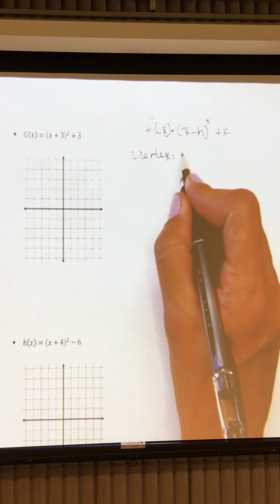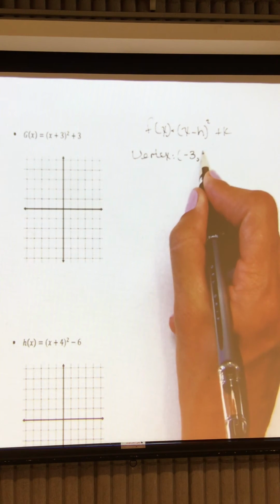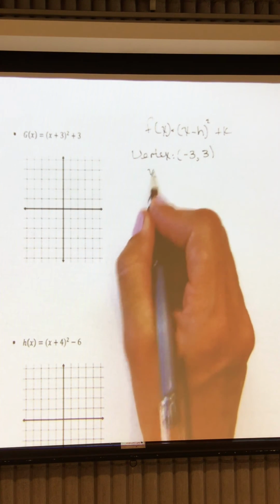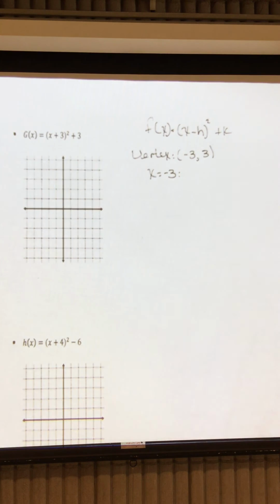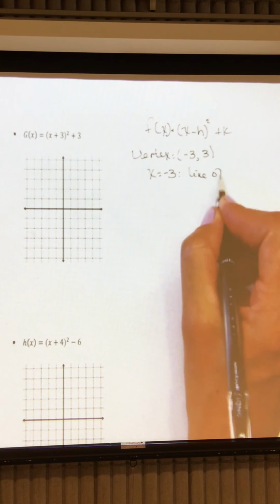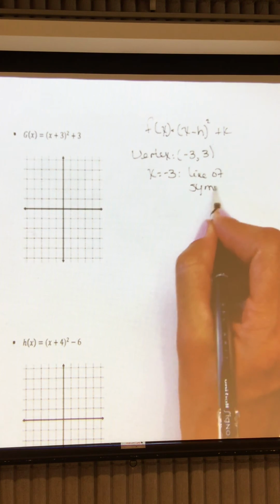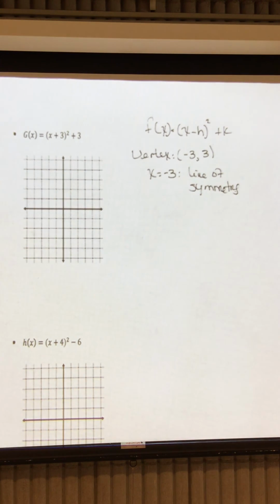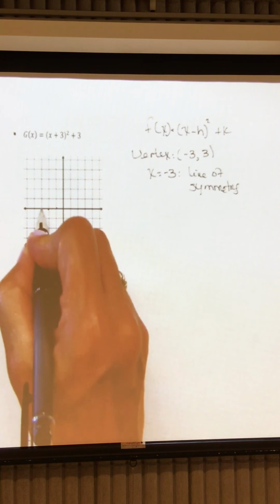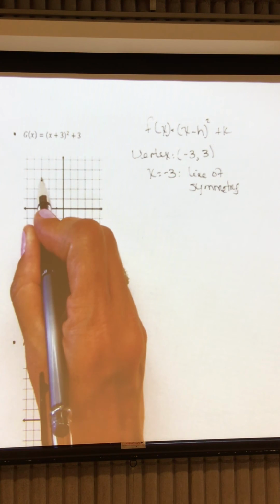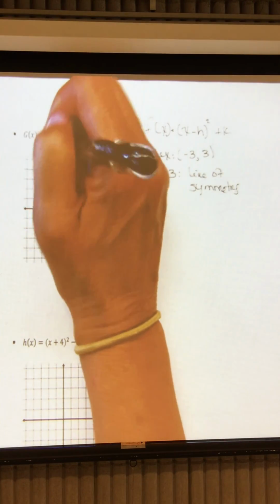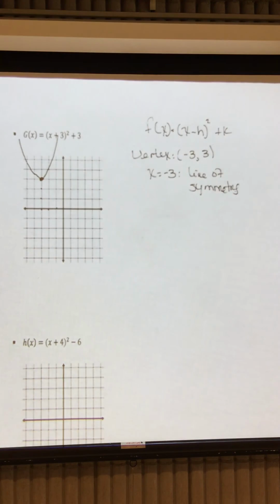So we have negative 3, and our k is 3. So our vertex is negative 3, 3. X is equal to negative 3, which means x equals negative 3 is the line of symmetry. So let us graph our line. We go to x is negative 3, 1, 2, 3, and up 3, 1, 2, 3, and that's our vertex. And our parabola would look something like that.